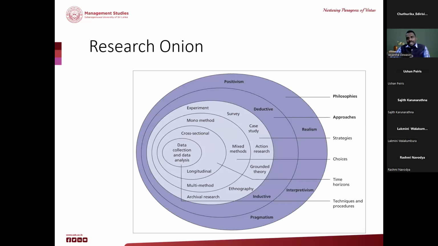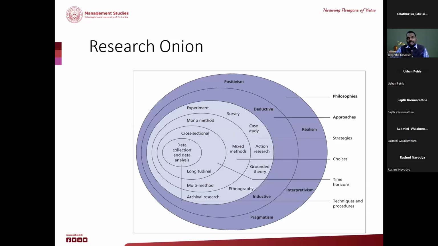Before we discuss anything, I would like to pinpoint some areas which are essential in order to develop our discussion further. That is based on the research onion. The research onion basically describes the essential elements, or the building blocks, of your research study.